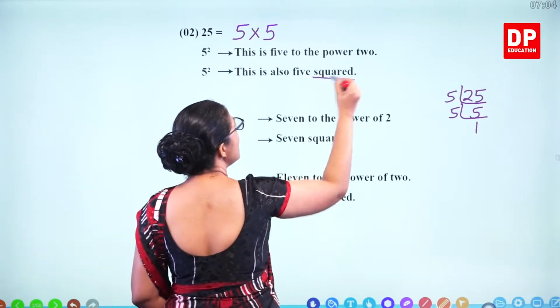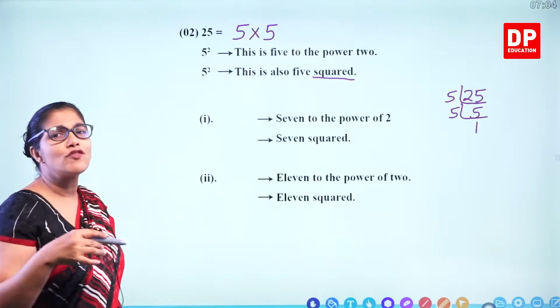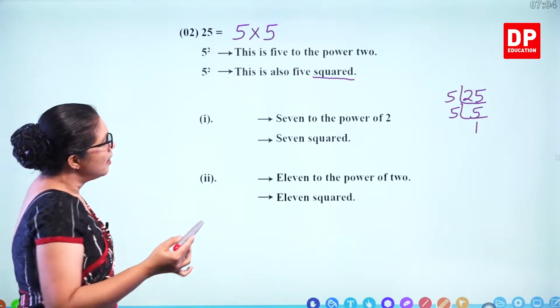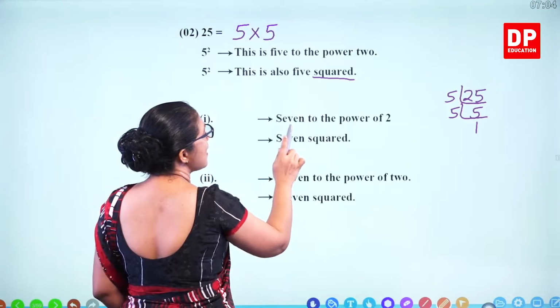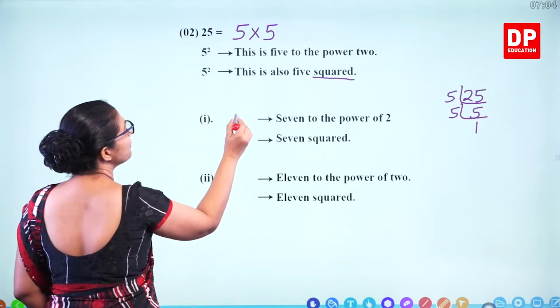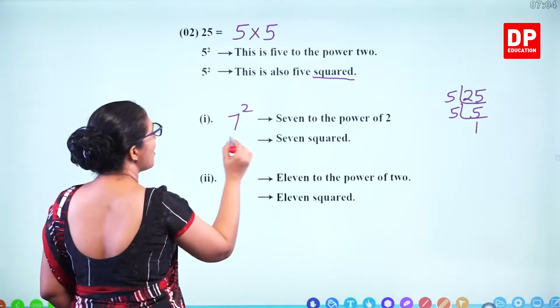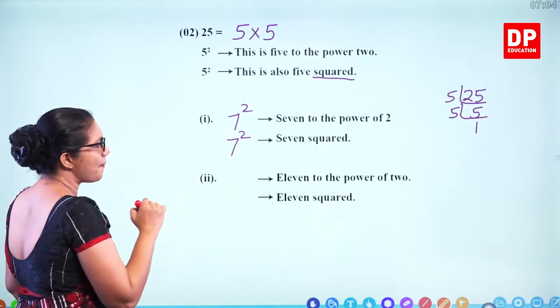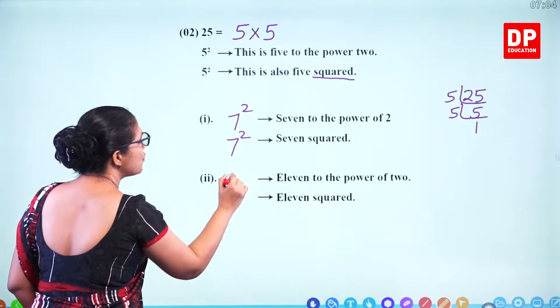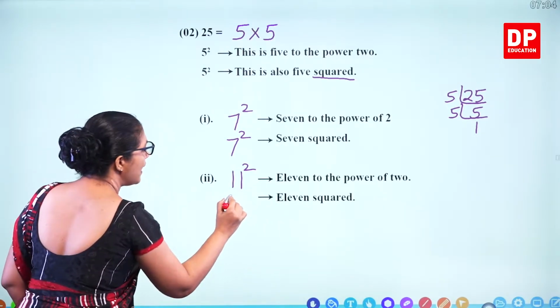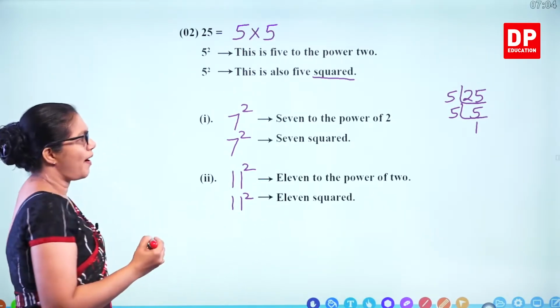When the power is 2, you can say squared. Now write this one, 7 to the power of 2 or 7 squared. Same thing, 11 to the power of 2 or 11 squared.